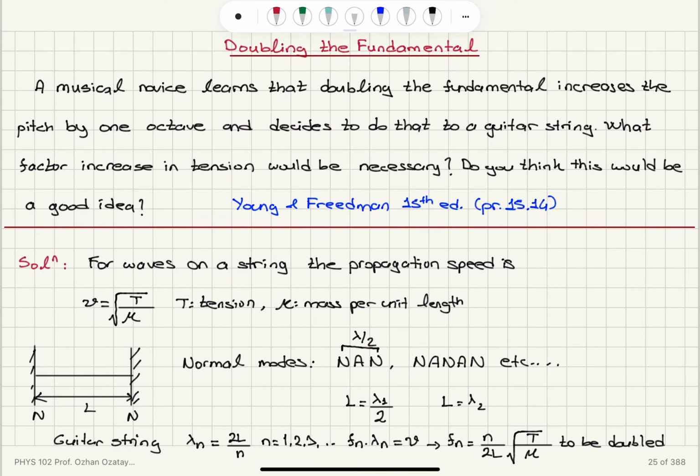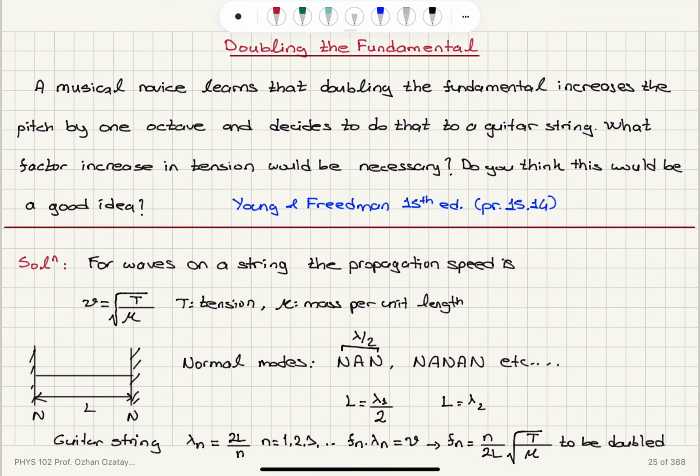Okay, so we have a musical novice who learns that doubling the fundamental increases the pitch by 1 octave. In order to double the fundamental on a given guitar string, what factor increase in tension is necessary? We can play with the tension on the string to try to get 1 octave higher.